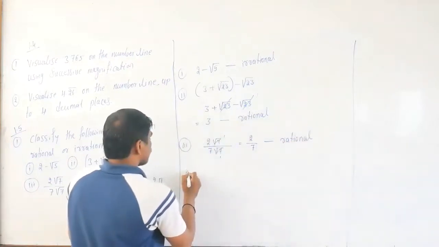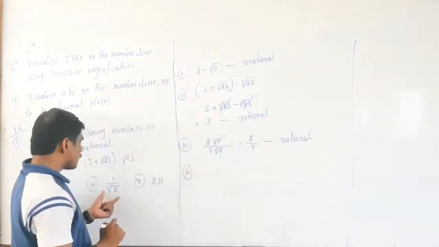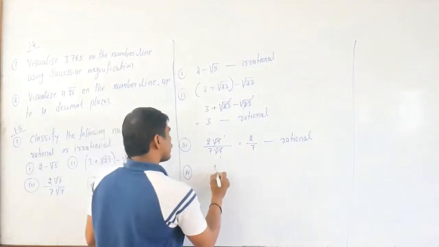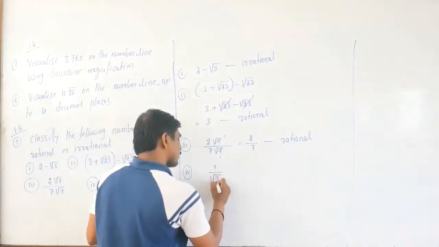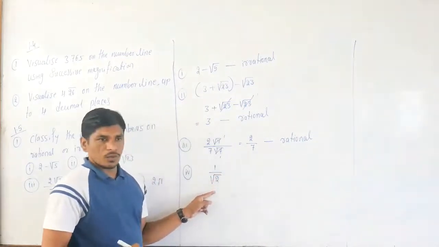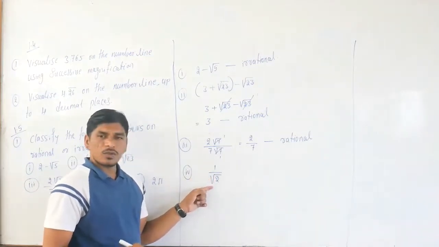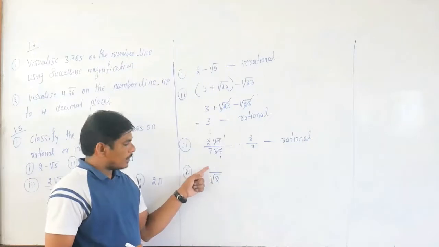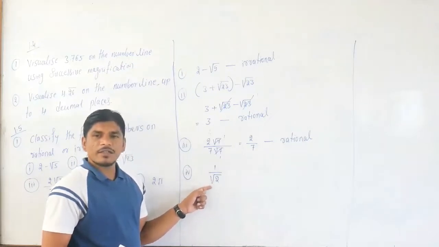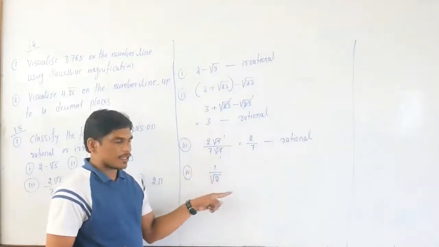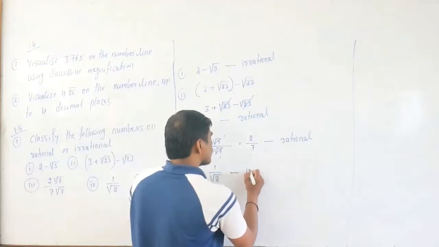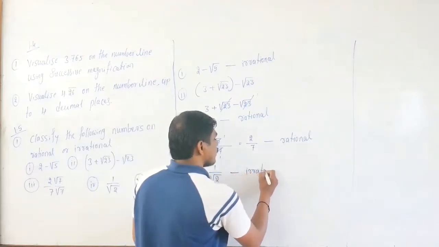And the fourth one is very simple. Directly the given term 1 by root 2. Now 1 is rational but root 2 is irrational. Division of a rational by an irrational gives an irrational only. That's why this is also irrational.